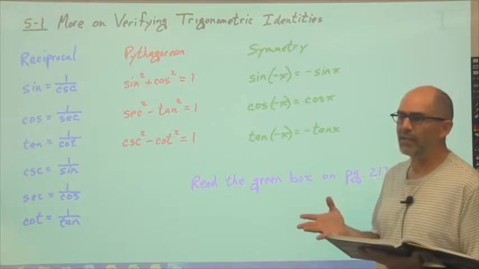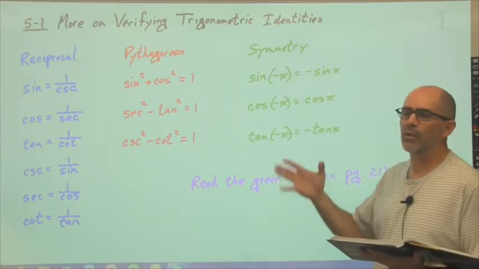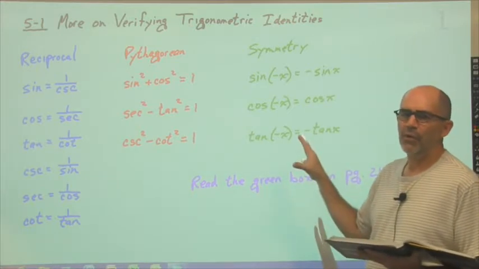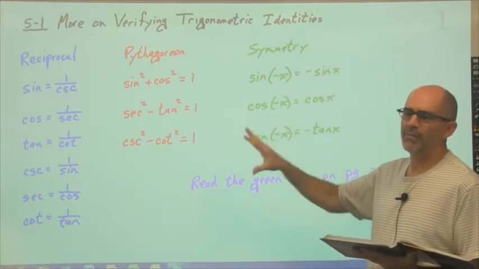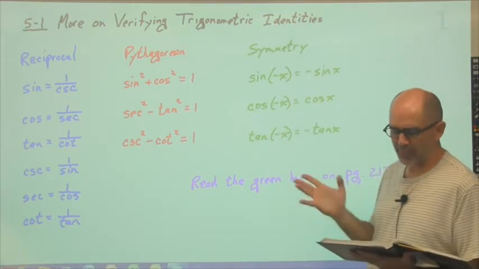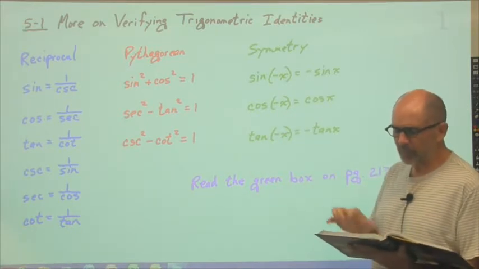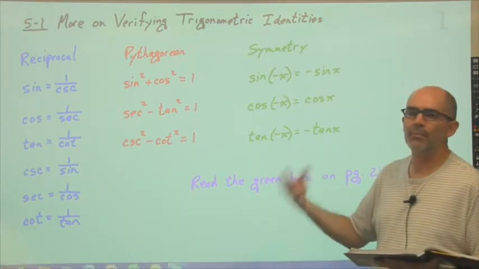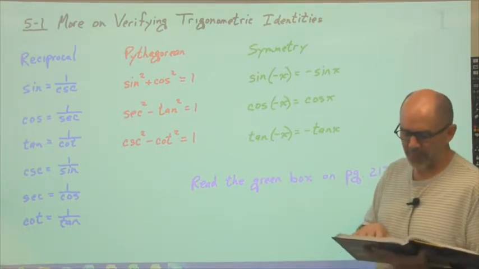That means you can't multiply both sides by the same value, or divide both sides by the same value. You can't add something to both sides, or subtract. Because basically it's not an equation, it's something we're trying to prove is an equation.